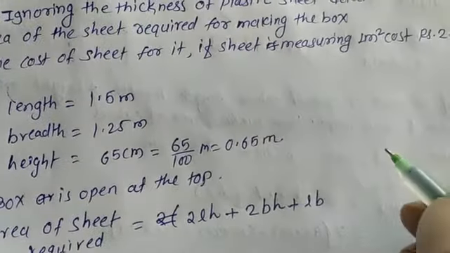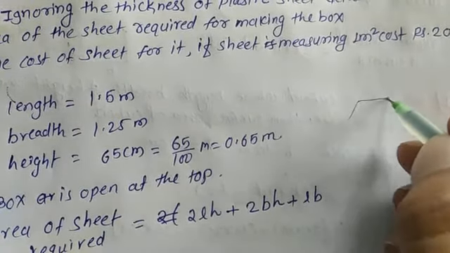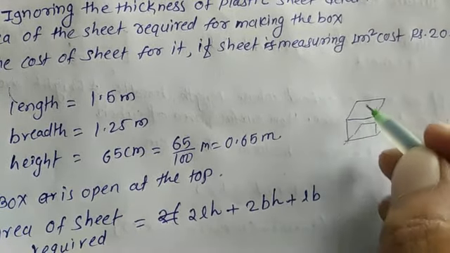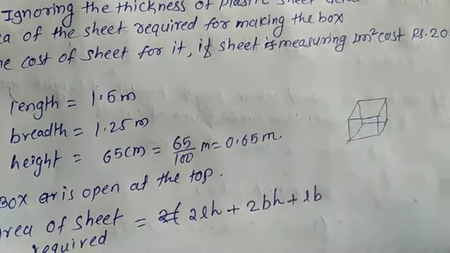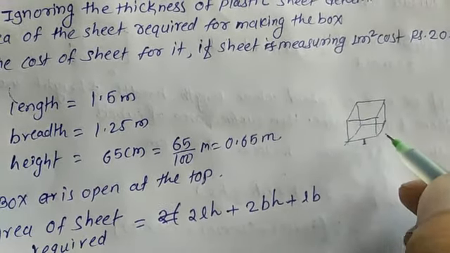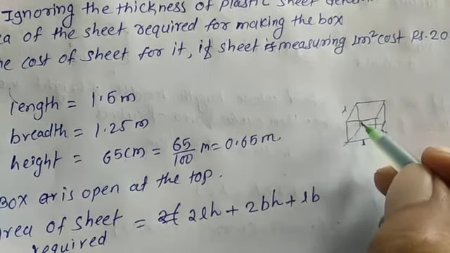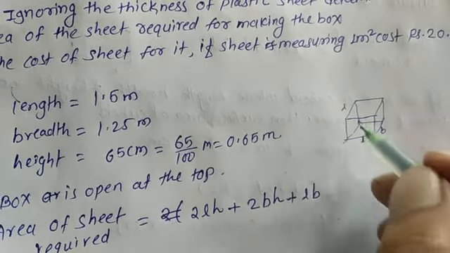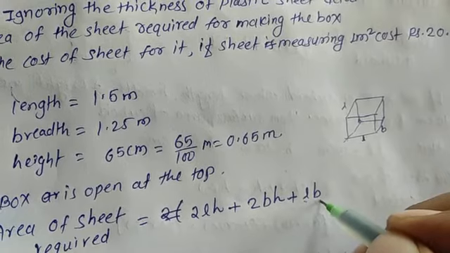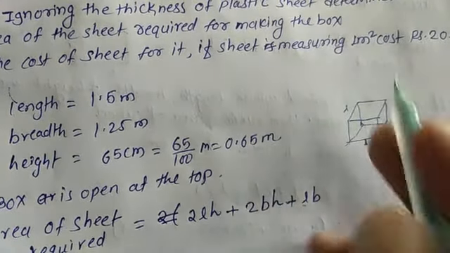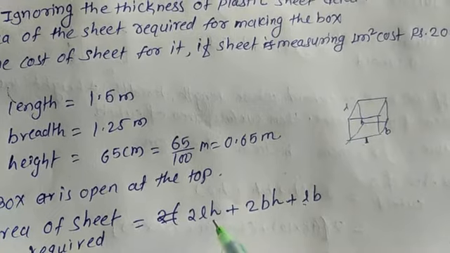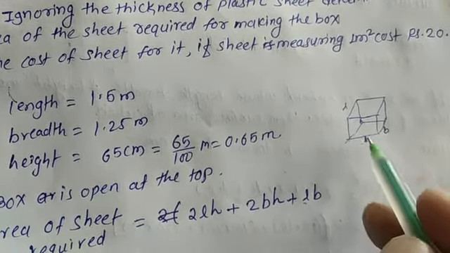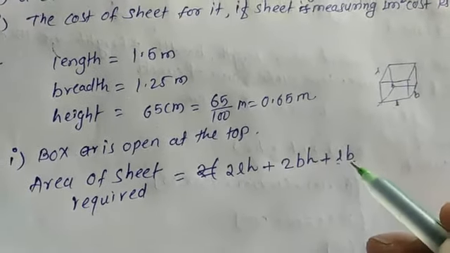Because the base consists of length and breadth, and the top also consists of length and breadth. So top is open, so here we do not consider twice length into breadth, only length into breadth. For a cuboid the formula is 2 into bracket length into height plus breadth into height plus length into breadth, but here top is open, so we will not consider the extra length into breadth.